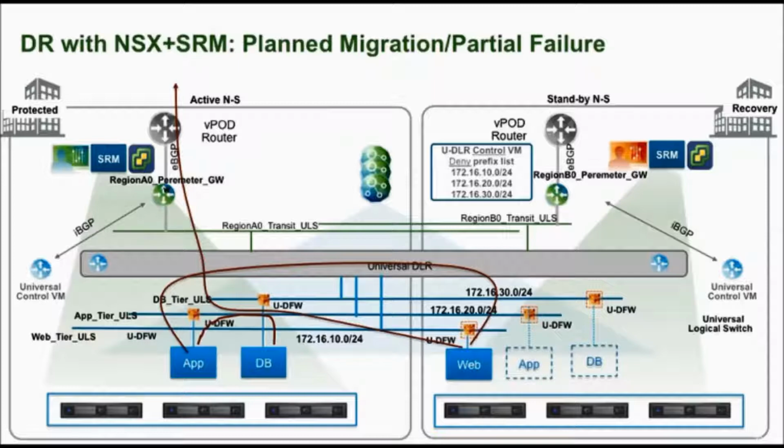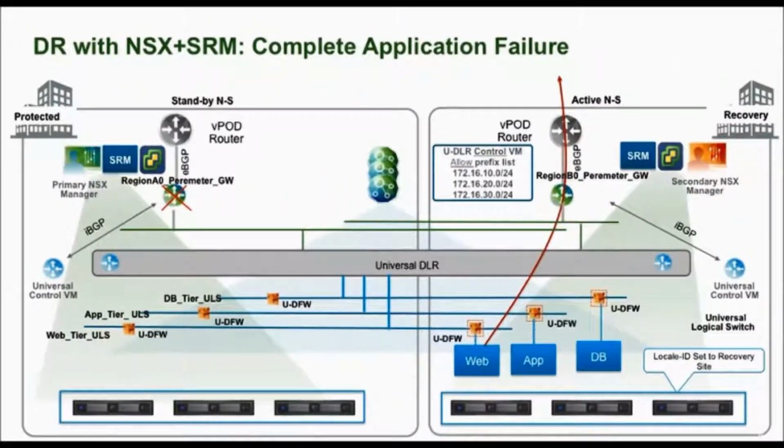This topology shows the environment after completing a partial application failover. In this case, the east-west traffic will be using the local default gateway, whereas north-south traffic to the web VM, as shown, will ingress and egress out of the protected site only.